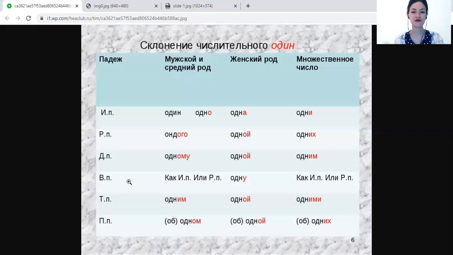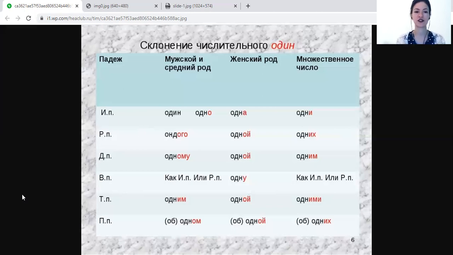So I recommend to my students just to know the basic level. You need to know the declension of один and два, три, четыре, until 10. After this, you should know some forms.